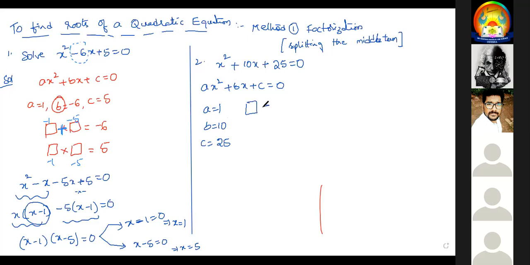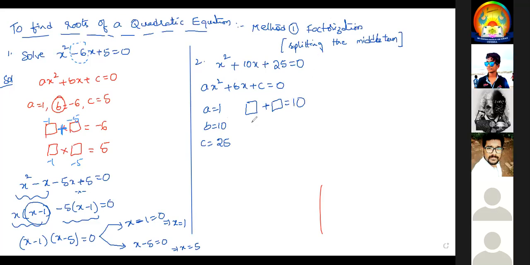Now I want two numbers whose sum is b, that is 10. 5 and 5, very good. I want two numbers whose product is 25. The two numbers are simply 5 and 5, so that their sum is 10 and their product is 25.